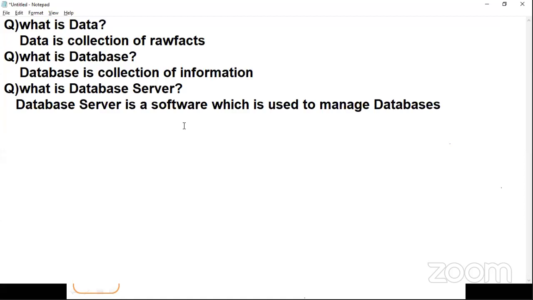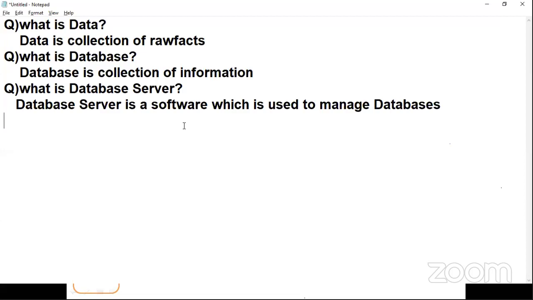Take any big organization like Big Bazaar or Forum Mall; a huge amount of data will be there. It is very difficult for the customer to identify the required data. A lot of products are there in Big Bazaar, Amazon, and every other shopping mall, so it is difficult for the customer to identify the items.